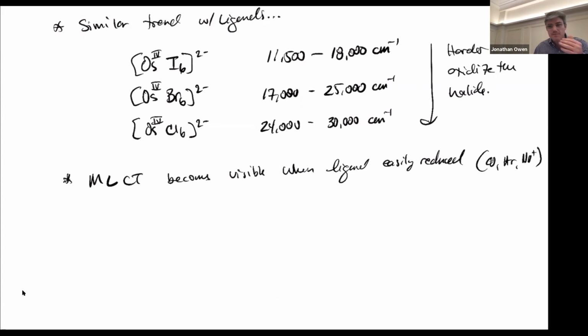Things that have pi systems that are electron withdrawing or delocalized, like aromatic ligands, they tend to have lower energy MLCTs.